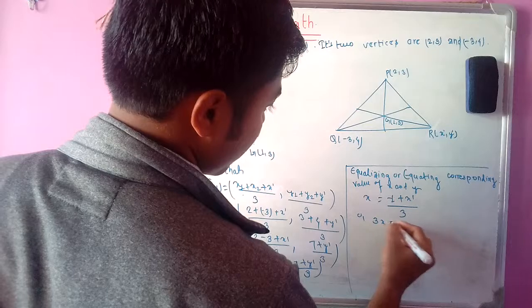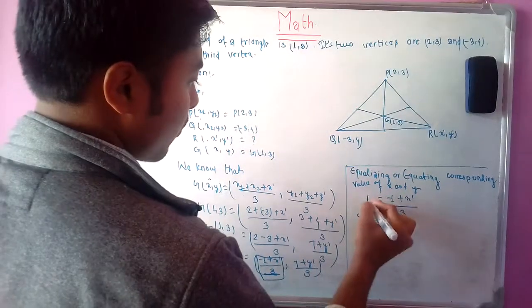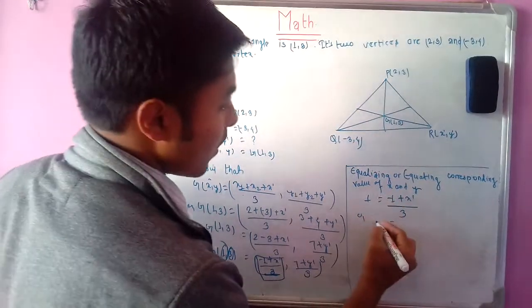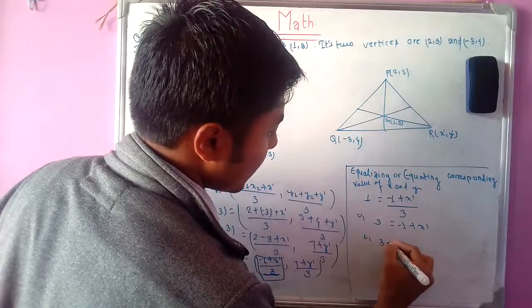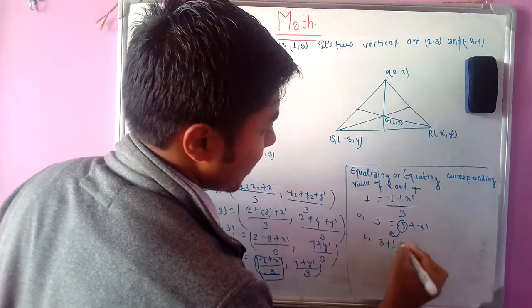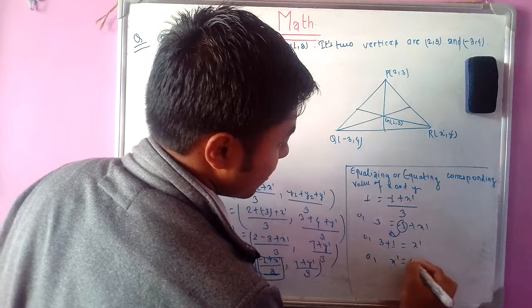Therefore 3 into 1 is 3, and 3 plus 1, when we change the side, it will be plus 1, equals x bar. So x bar equals 4.